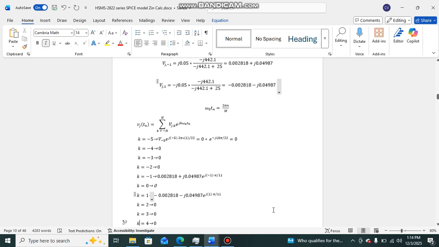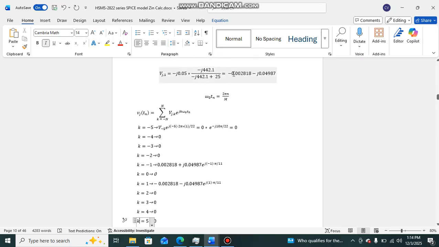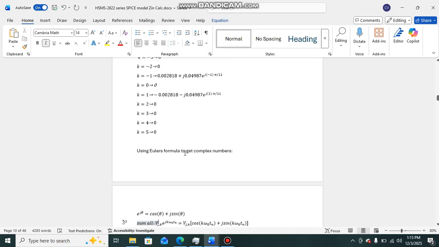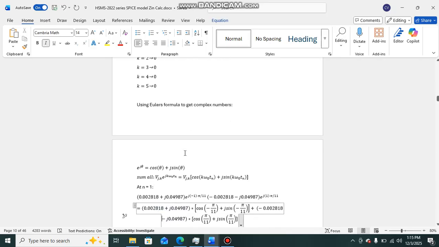And you plug these values in for the Fourier transforms of them, and then we're multiplying it by e to the exponential polar form, which I showed you before.